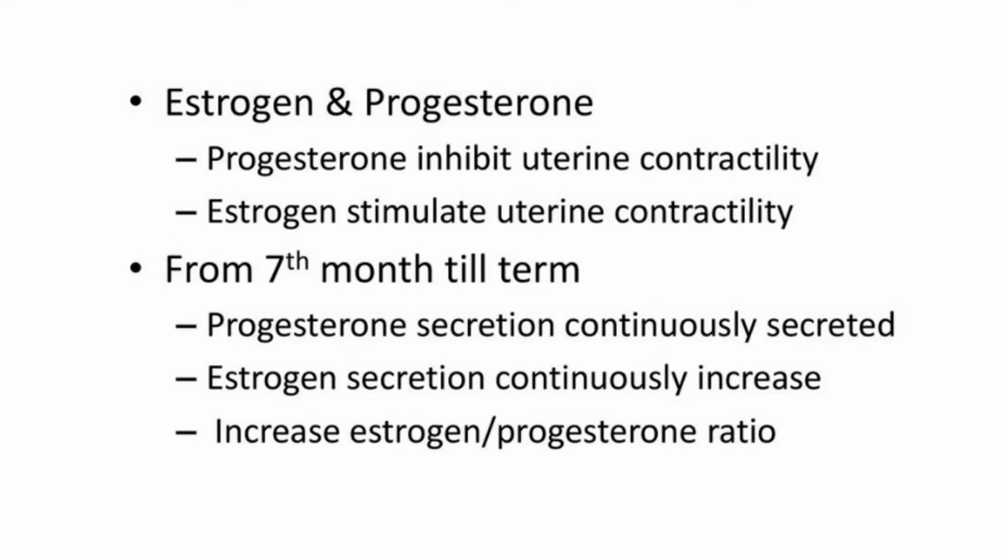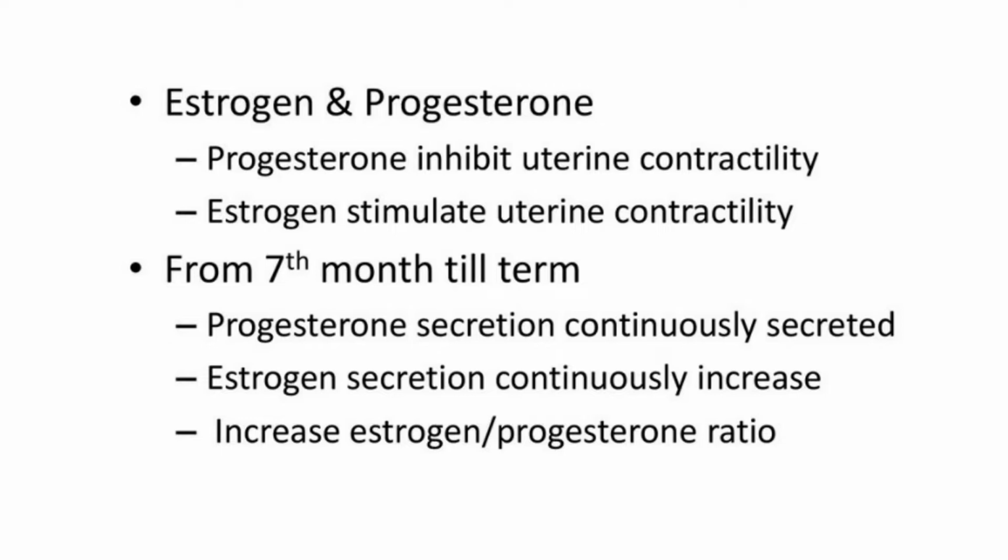Coming to the hormonal changes, basically it is because of the estrogen and progesterone. We all know that progesterone inhibits uterine contractility while the estrogen stimulates uterine contractility. So as the pregnancy advances, there is a shift in the balance of the estrogen and progesterone.